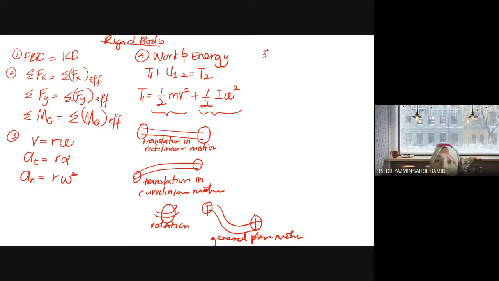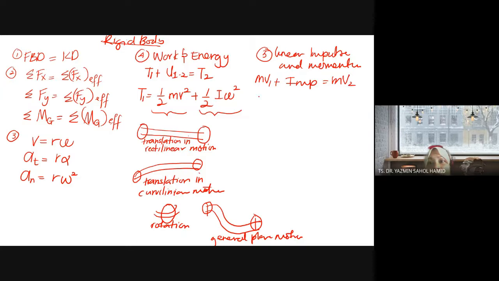And then we have another one, which is linear impulse and momentum. Linear impulse and momentum involves time. So the formula is linear mv1 plus impulse equals mv2. This is the linear formula, and that one is kinetic energy.